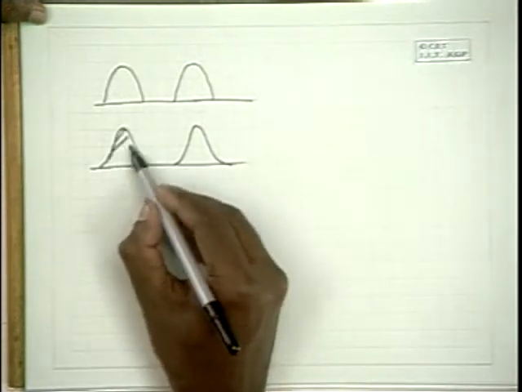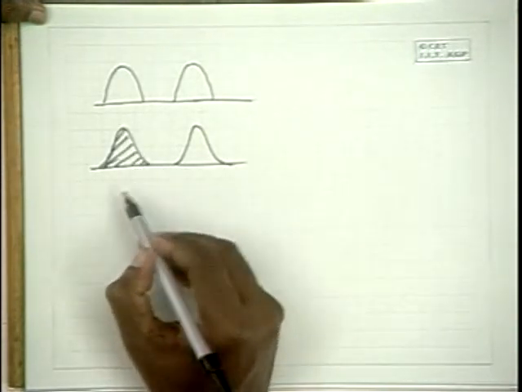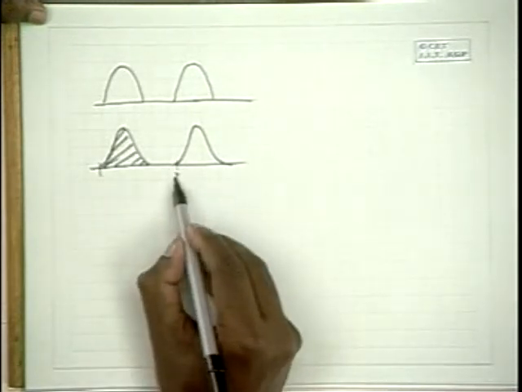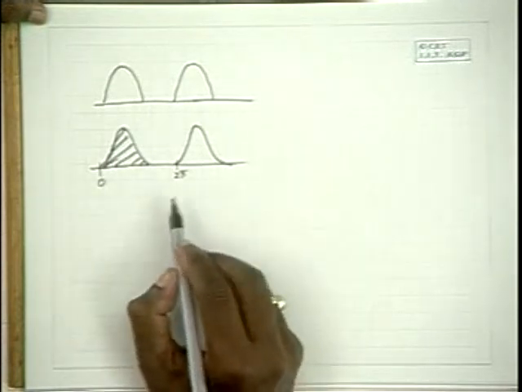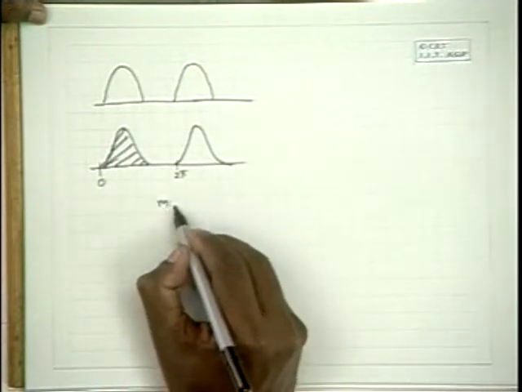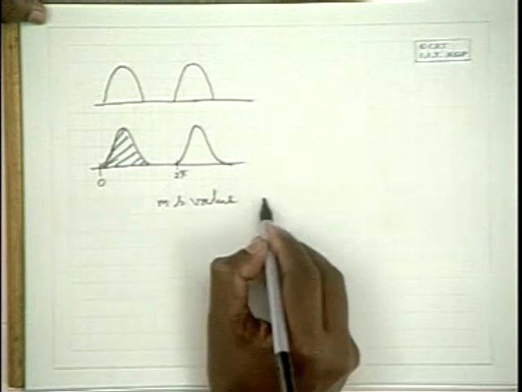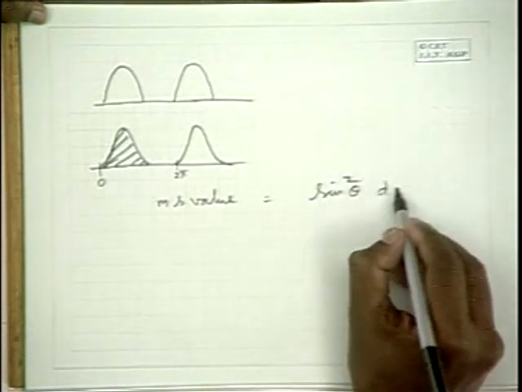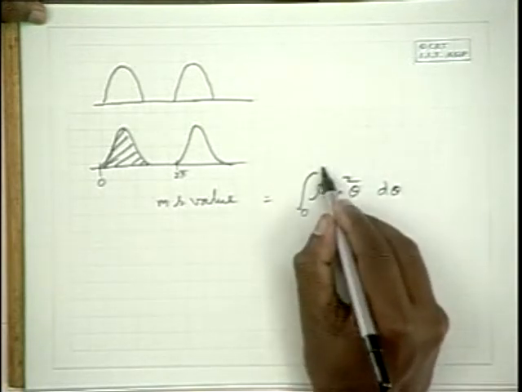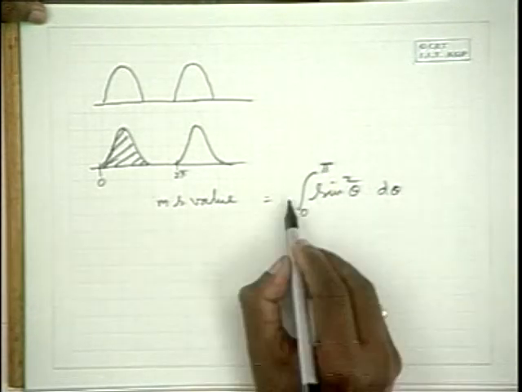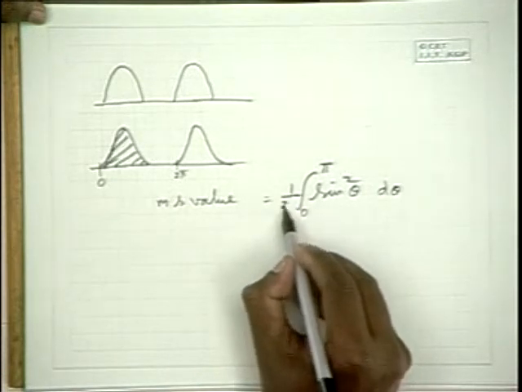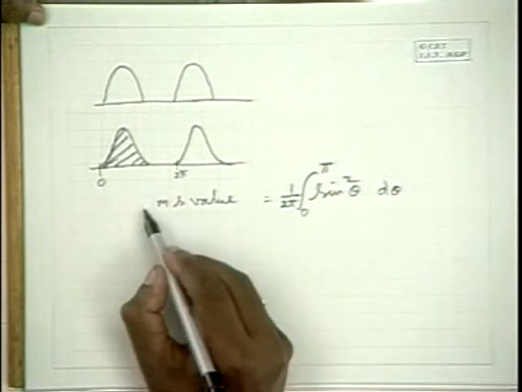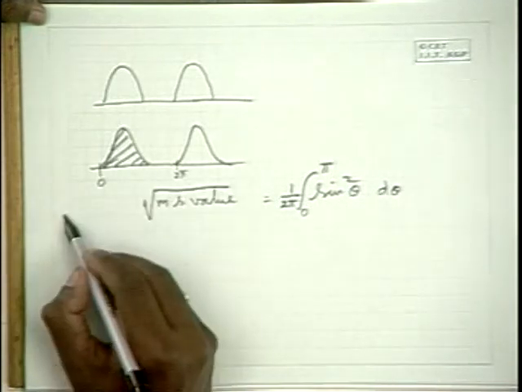And when you integrate the squared value, you will get the area. And when you divide it by 2 pi, you will get the mean square value. And square root of this is the RMS value.